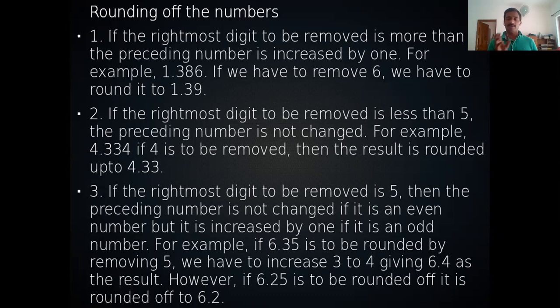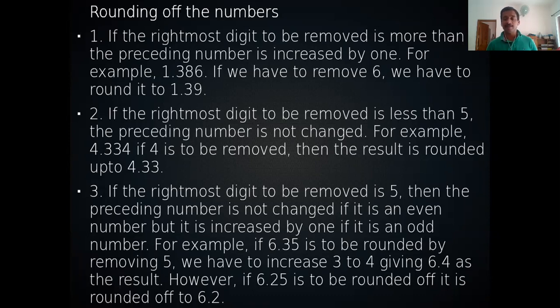No need to change the preceding number. Example, 4.334. The rightmost digit is 4. If you want to remove 4, just remove it without changing the preceding number. So when you round it off to 2 places, what will be the value? 4.33.